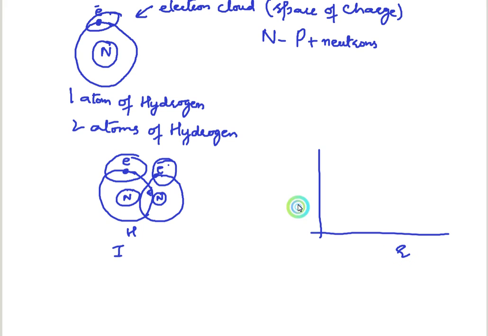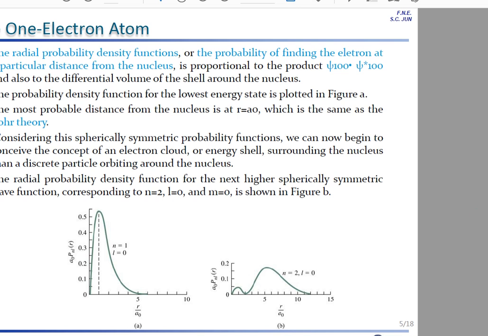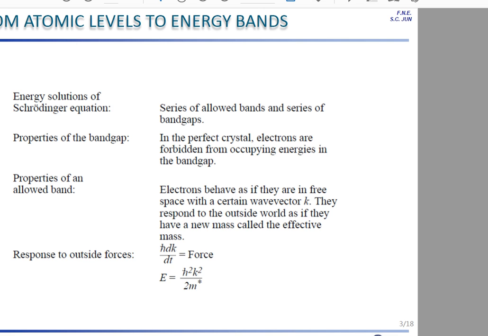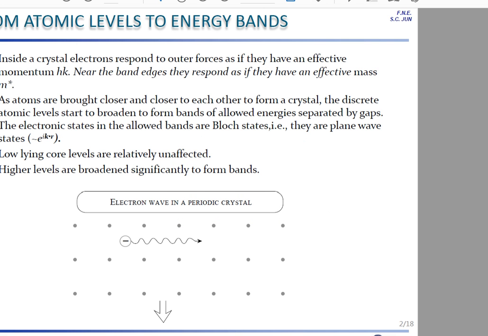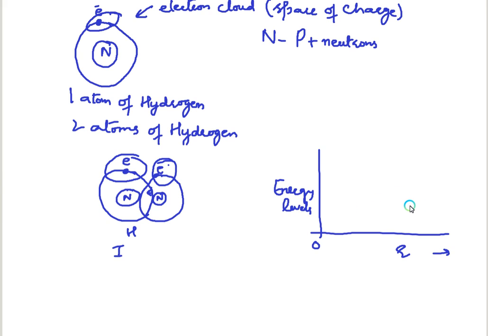If this is the distance, this is the energy levels. We are measuring distance from 0 to some positive value from here. When the distance was large, each of the atoms had its own energy level like this.